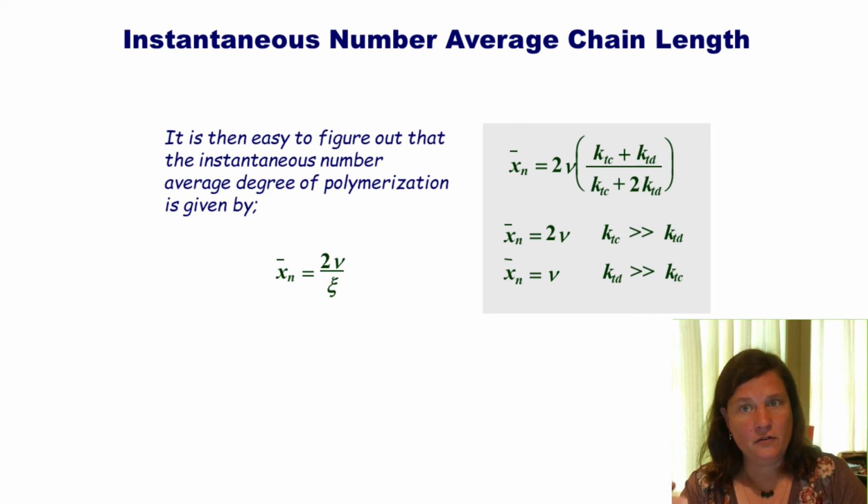And if we look at the other limit, where k_td, the rate constant for termination by disproportionation, is much, much greater than the rate constant for termination by combination, meaning that essentially we have 100% termination by disproportionation, squiggle becomes 1/2, which gets rid of the 2, and so now our number average degree of polymerization equals the kinetic chain length, as it should.